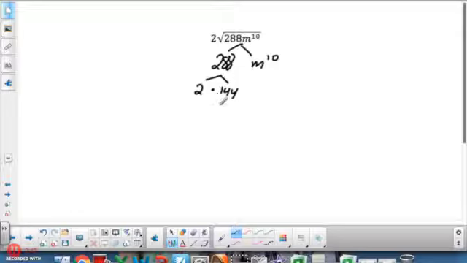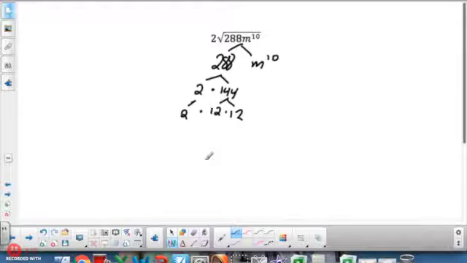Now, here's the shortcut part of it. 144, we could continue to divide by 2. We could see that it's going to be divisible by 4 since the last 2 digits are divisible by 4. We could do that. 4 plus 4 is 8 plus 1 is 9, so it's divisible by 3. The fact that it's divisible by both 2 and 3 means it's divisible by 6. But the other thing that I know about 144 is that it's 12 times 12.